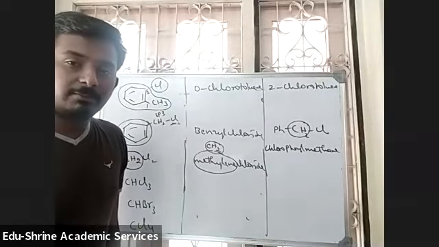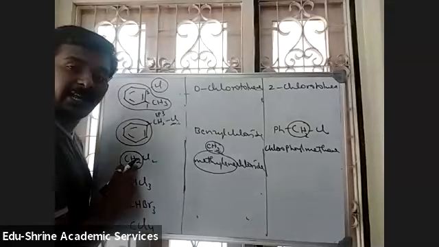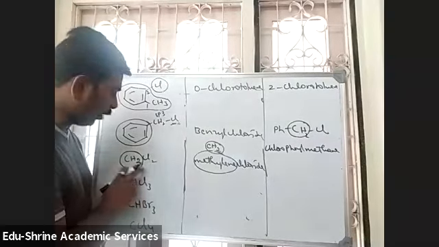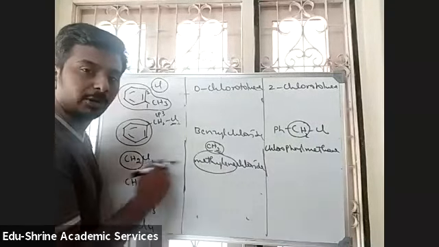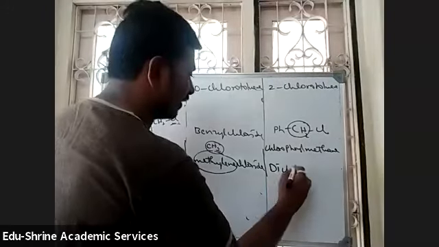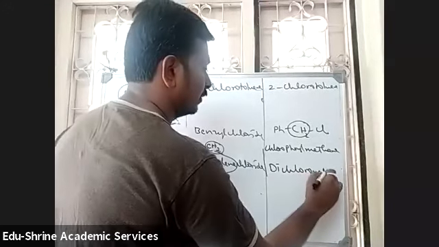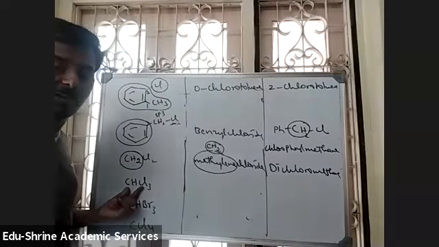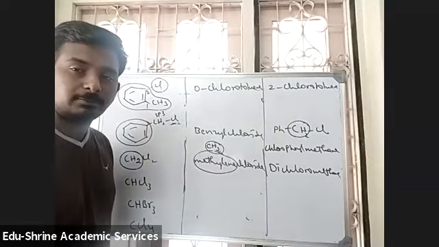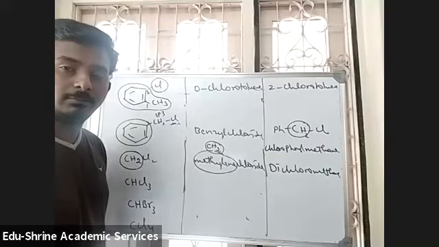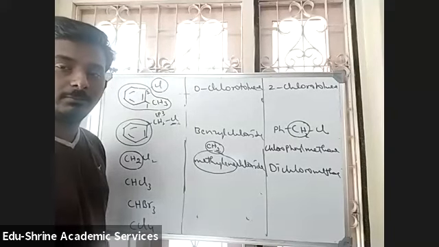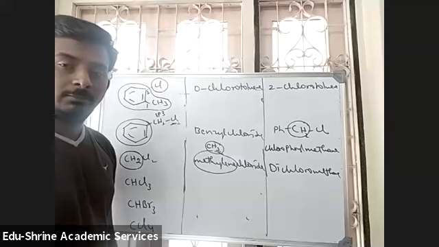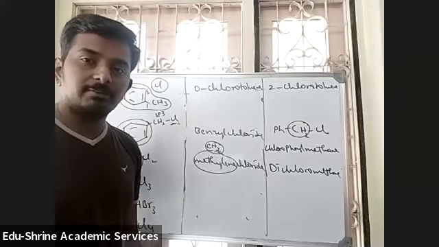IUPAC name, students. Yes. Again, it is a derivative of methane. Two hydrogens of methane are replaced with two chlorines. So it is dichloromethane. What about this one? CHCl3 common name. Trivial name.